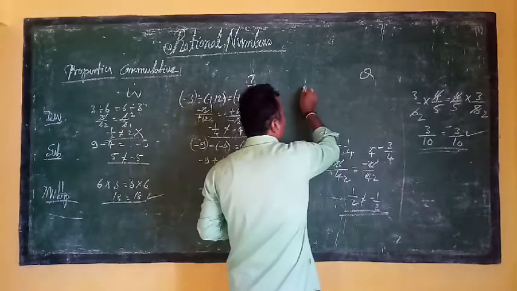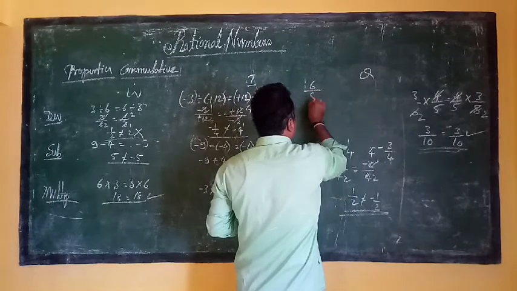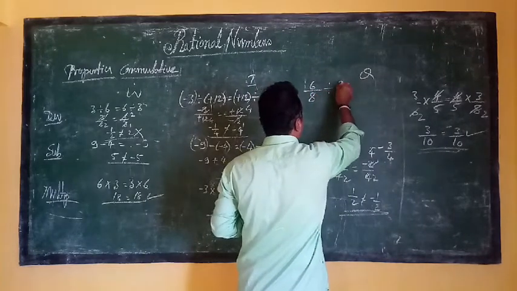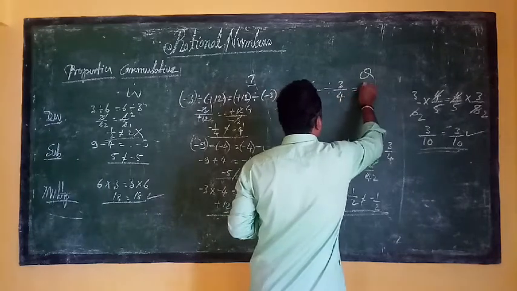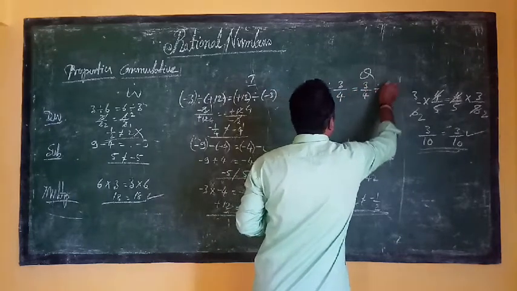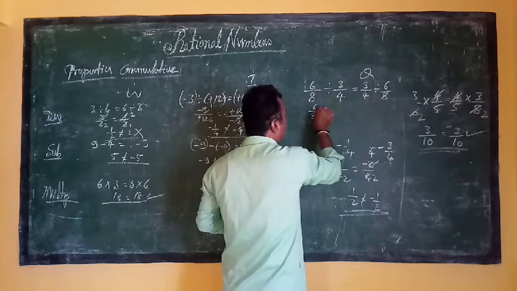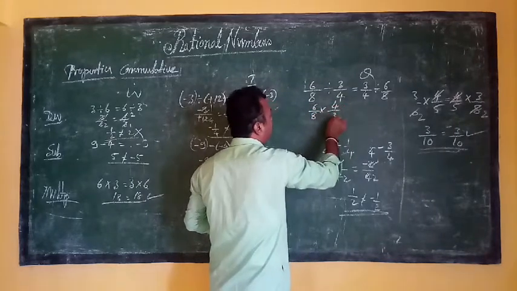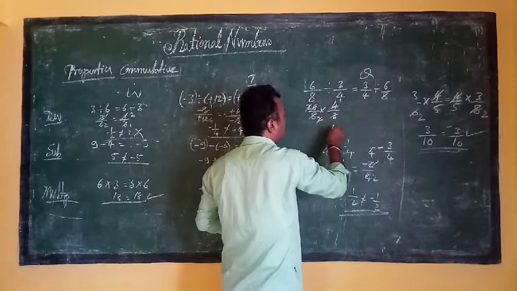Finally, the quotient of rational numbers. 6 by 8 divided by 3 by 4 is compared with 3 by 4 divided by 6 by 8. So 6 by 8 into 4 by 3: 4 ones are 4, 4 twos are 8, 3 ones are 3, 3 twos are 6, 2 gets cancelled, remaining 1.